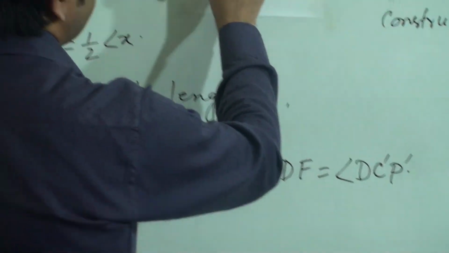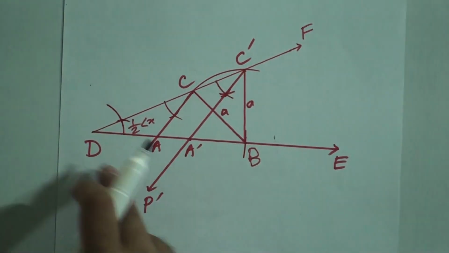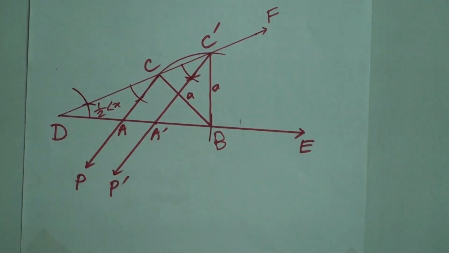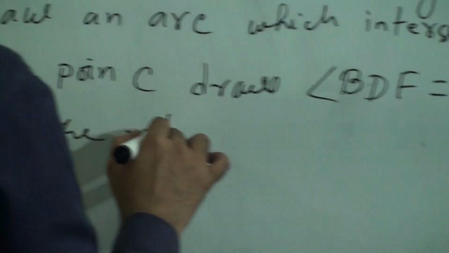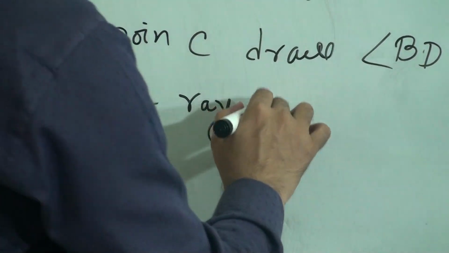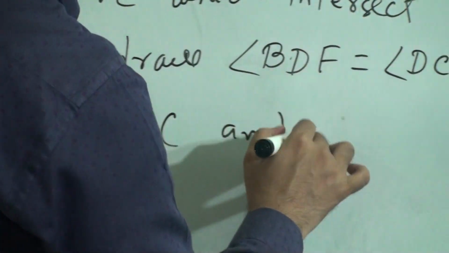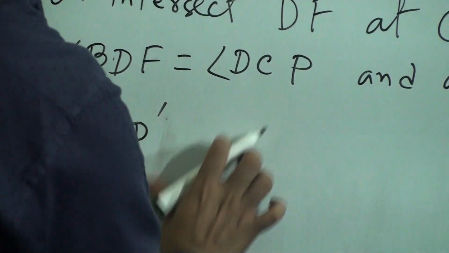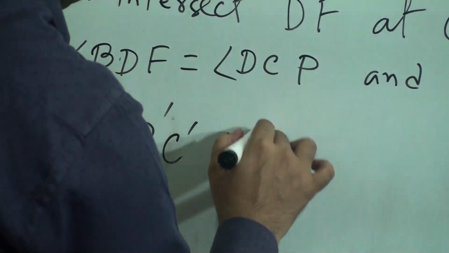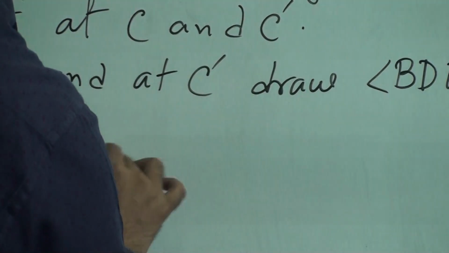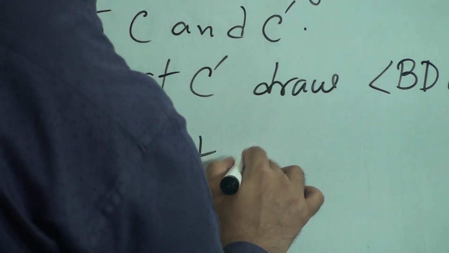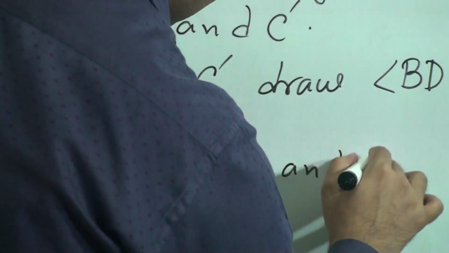Now the rays PC and P prime C prime intersect BD at A and A prime respectively. Let the rays PC and P prime C prime intersect BD at A and A prime respectively.